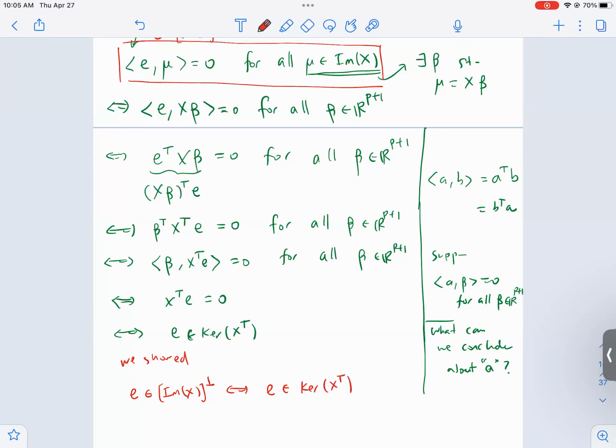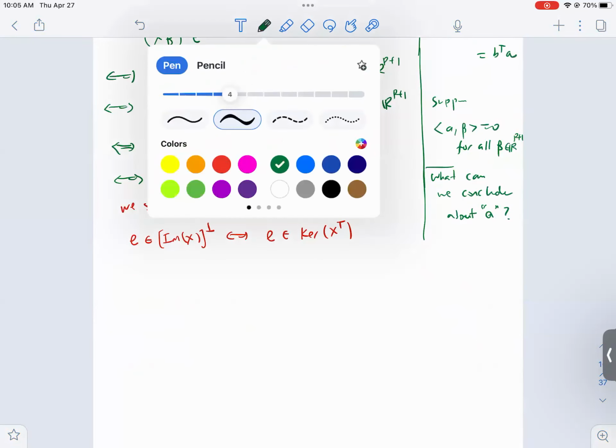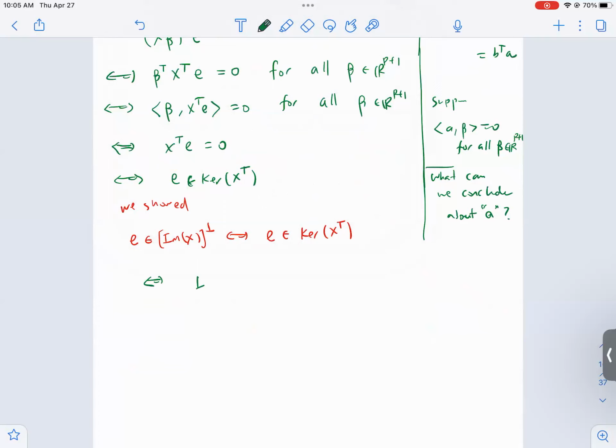If you've done mathematical proofs, this is just saying that these two sets are equal. If this is in this set, then it has to be in that set, so this set is a subset of that. The reverse direction says that set is a subset of this, so they have to be equal. So what we really showed is that the image of X perp is the kernel of X transpose. That's one of the statements that I mentioned earlier, and here's a proof.